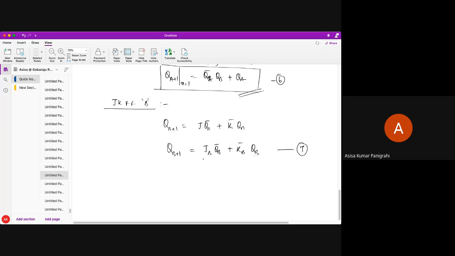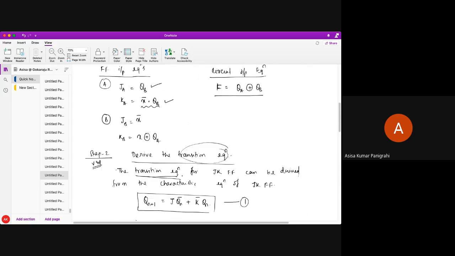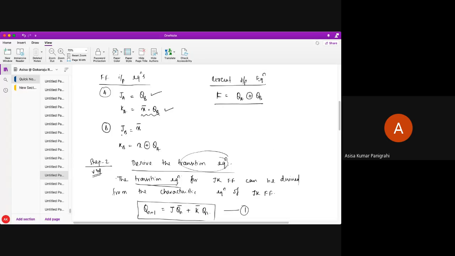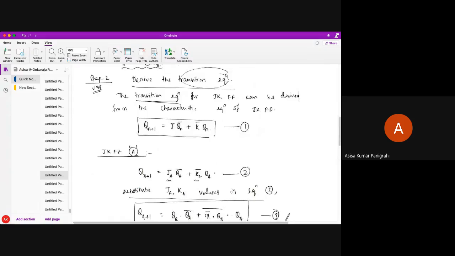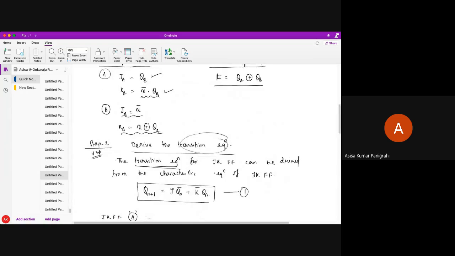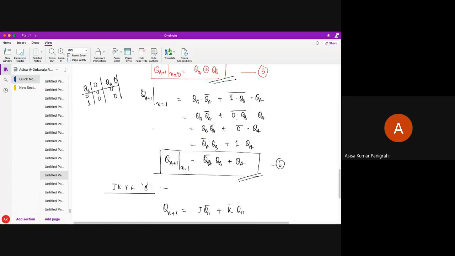Now I know these values of JB, KB, I just have to put over this. So JB is what? JB is X bar, KB is what? X XOR QA. So JB is my X bar, QB. Slowly I am explaining students because it's very tough for you. Okay, newly you are understanding this one. So KB is what? X XOR QA.